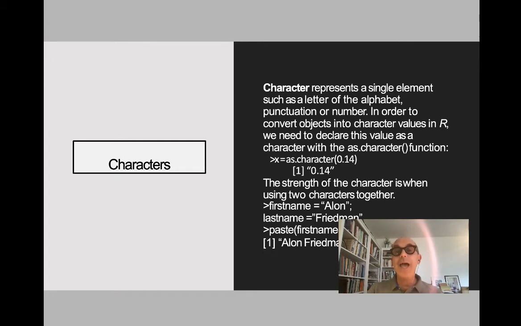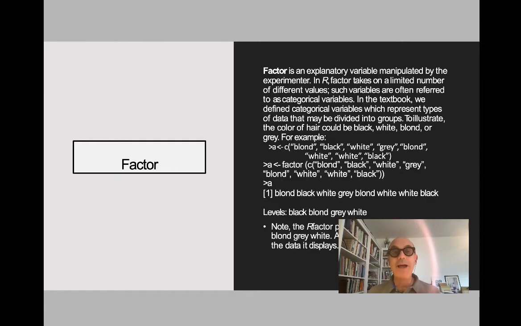So x as a character will show us that. When I use my own name, Alon, and my last name, Friedman, and ask paste Alon Friedman, it will basically act as a character based on my name.